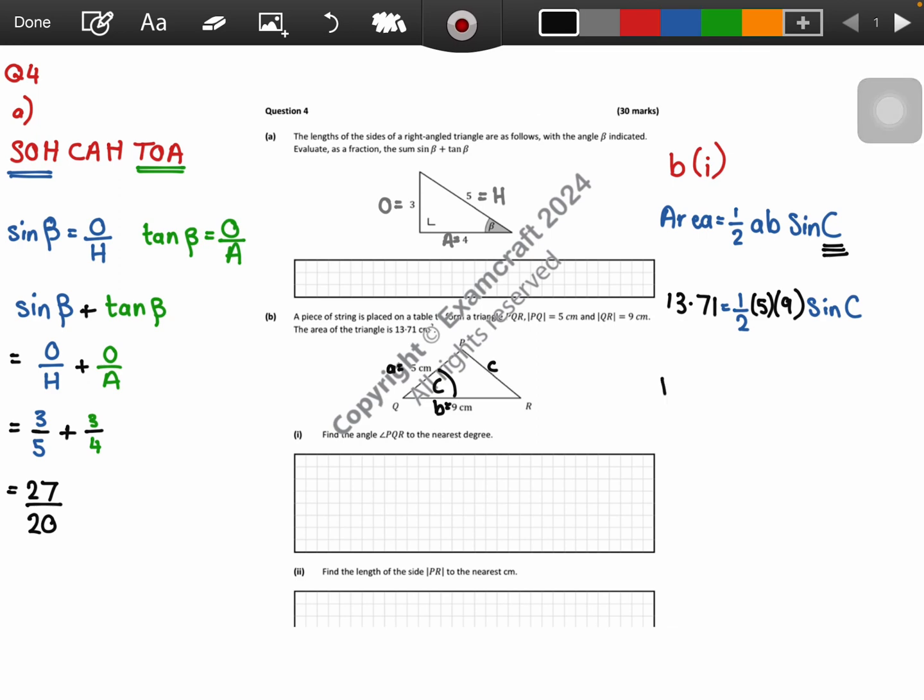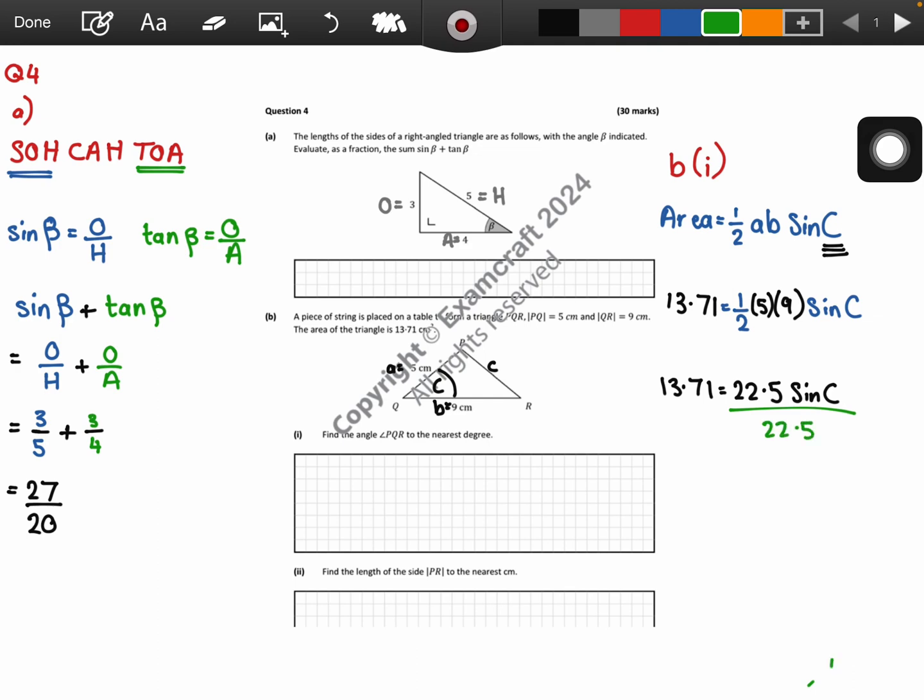So I'm going to get 13.71 is equal to, and then I can do a half times 5 times 9, so that I get 22.5 times sine C. So we want C by itself, so we are going to get rid of the 22.5 that's multiplying sine C. So get rid of that by dividing, because it was multiplying.